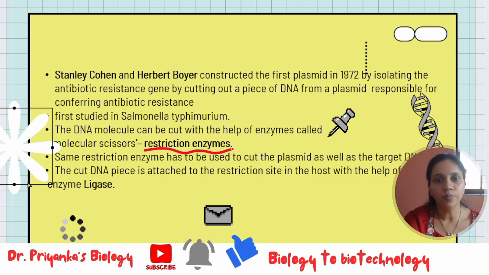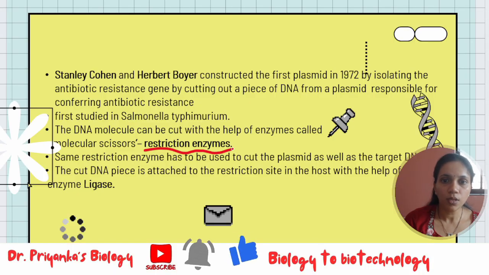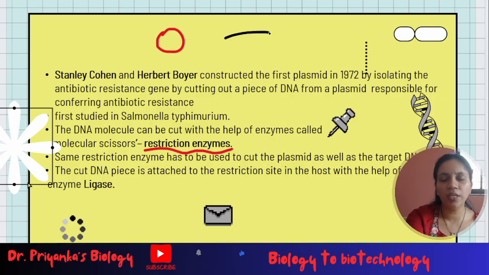Basically, these molecular scissors are enzymes which have the property of cutting. Cutting is basically breaking the bonds in the DNA. Now, suppose we have the plasmid over here and a piece of DNA. We want this piece of DNA, which is coding for something, say antibiotic resistance.